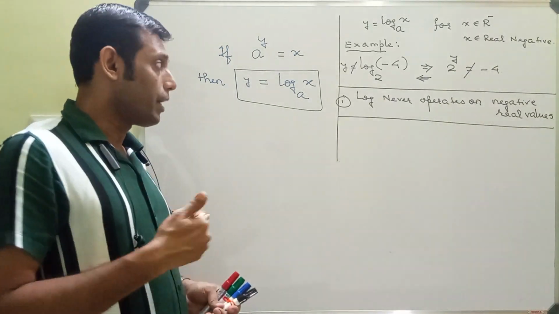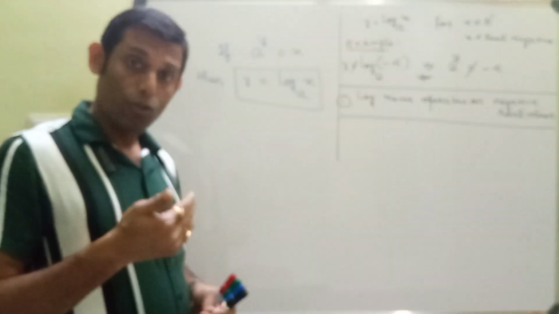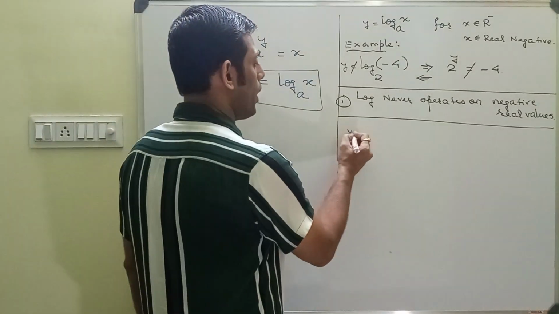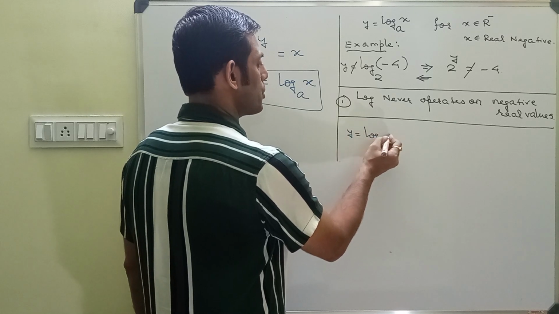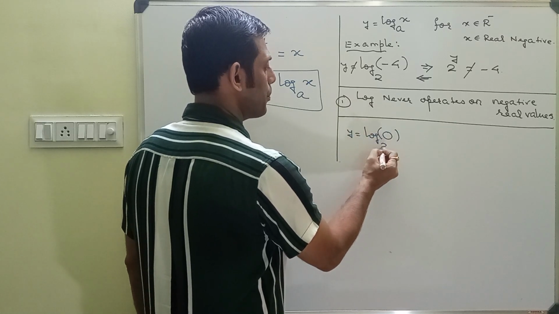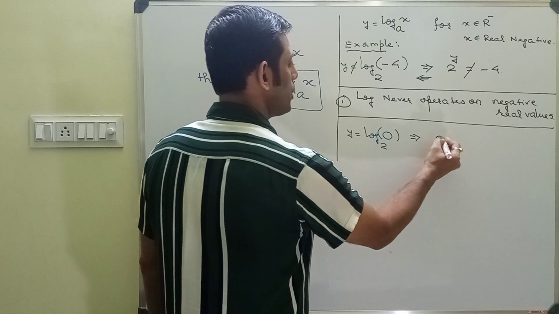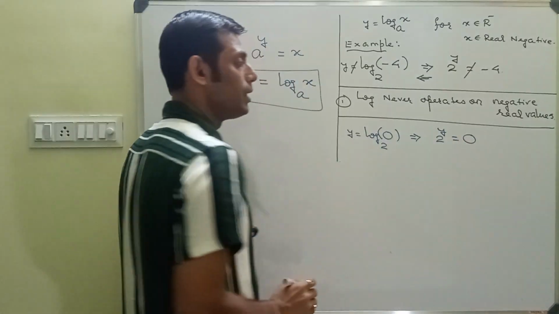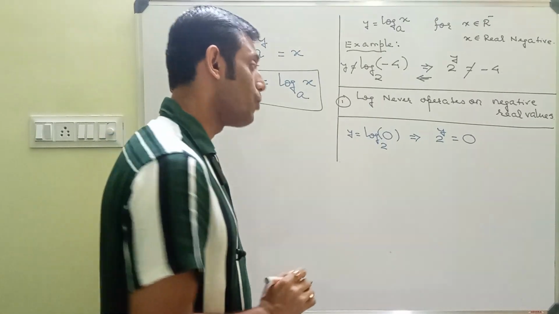Now dear, going ahead, does it operate on 0? Let's try that. If you say y is equal to log of 0 base 2, that would mean 2 power y is equal to 0. Now this is not possible again. Why?